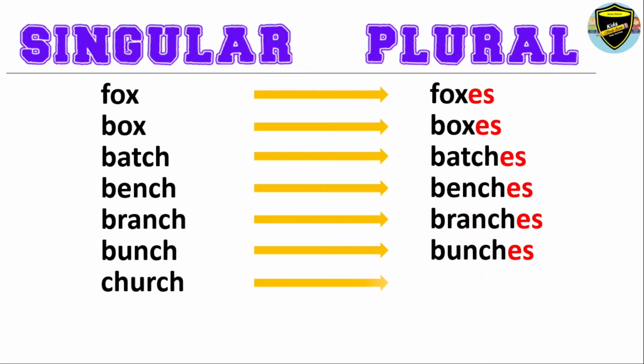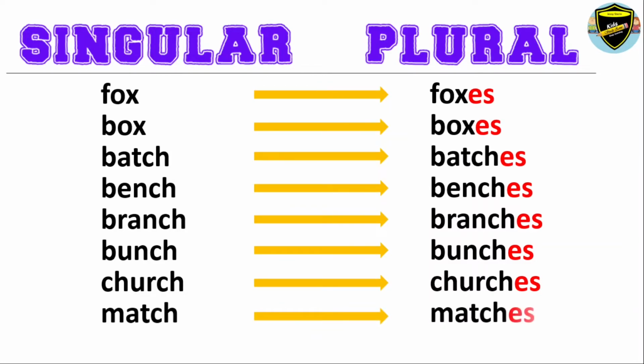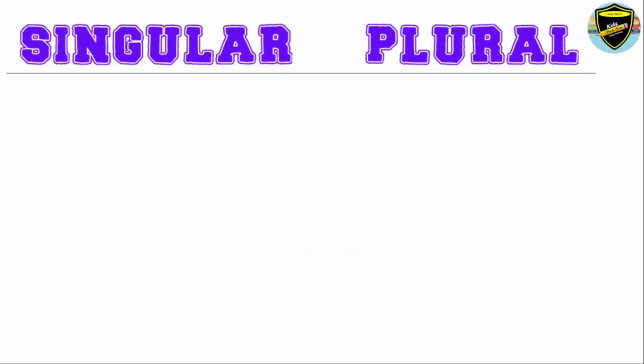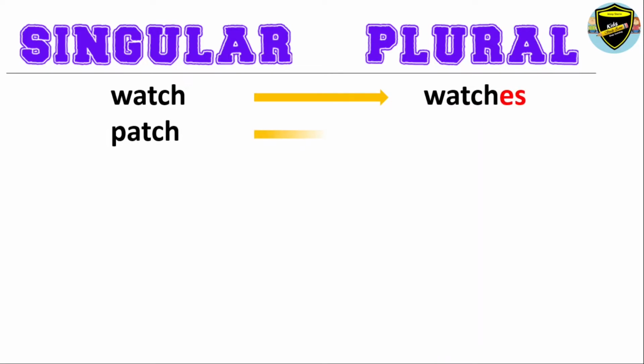Church will become churches. Match will become matches. Inch will become inches. Watch will become watches. Patch will become patches. Here we are simply adding es to the given word.